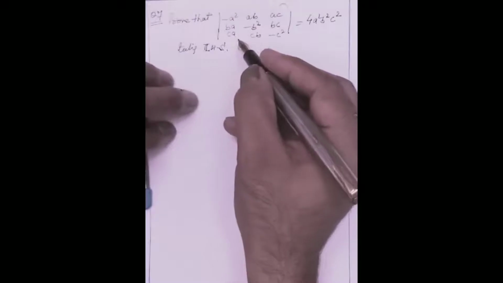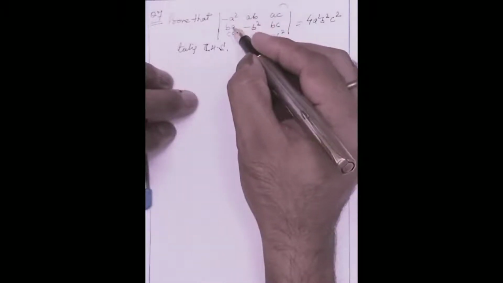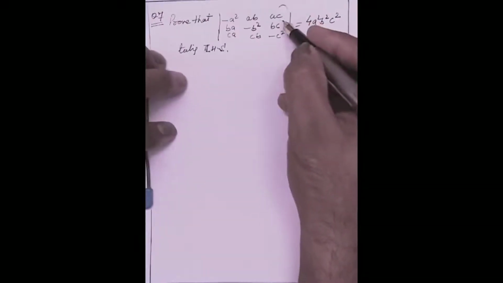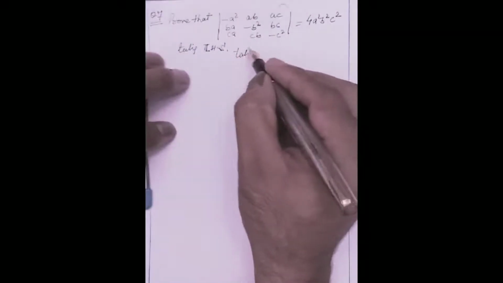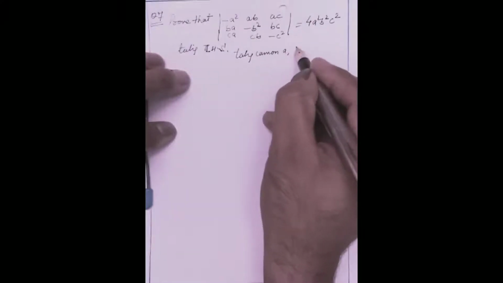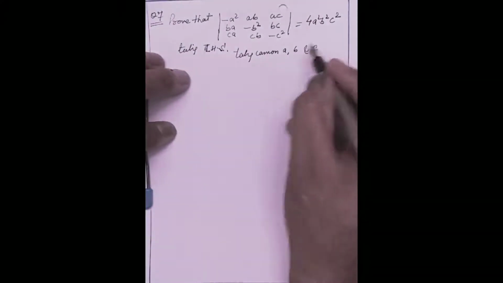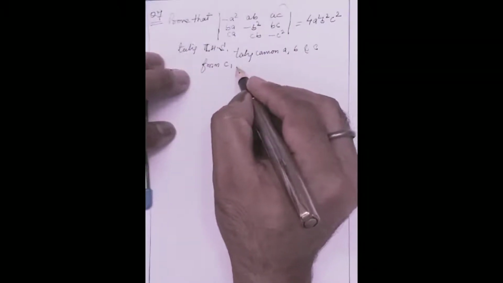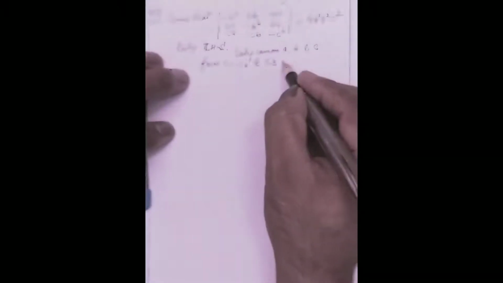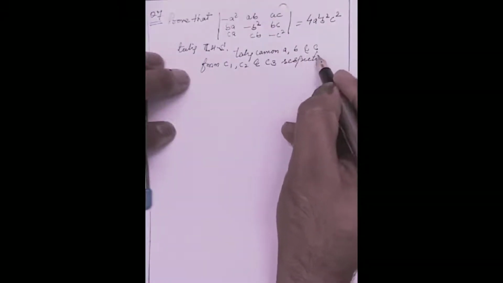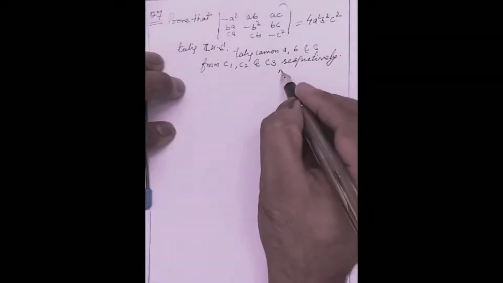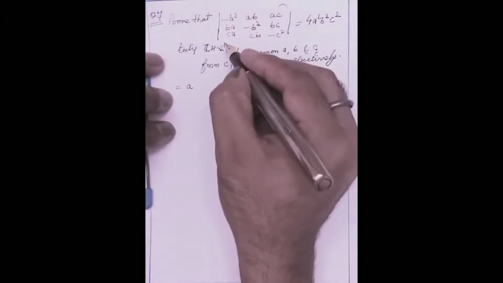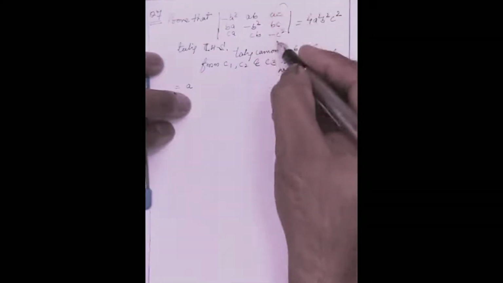So look at here, this in C1 A, C2 B B B and C3 C C C. So taking common A, B and C from C1, C2 and C3 respectively, we get outside A from C1, B from C2 and C from C3.